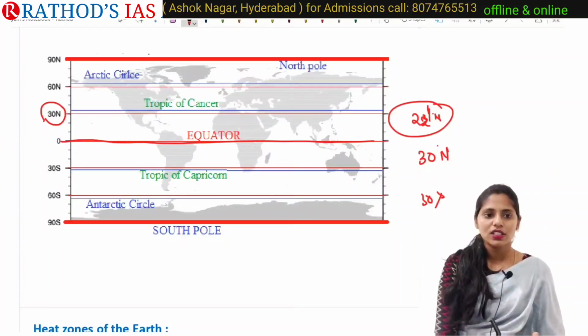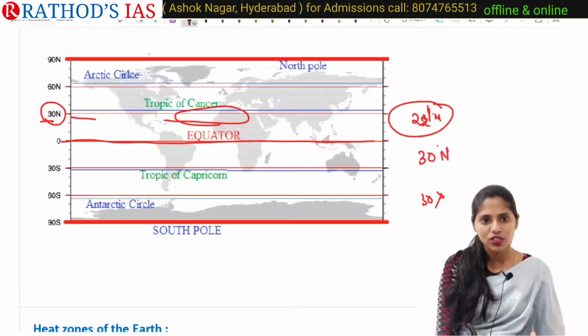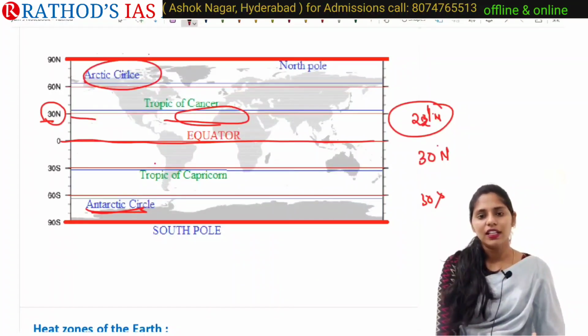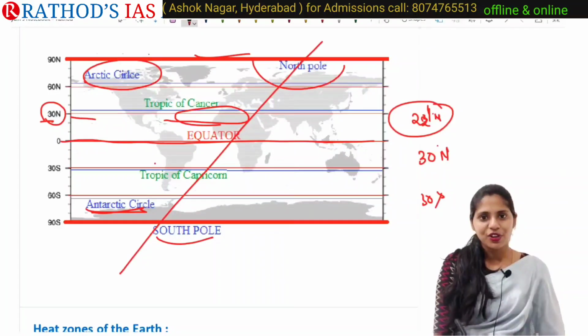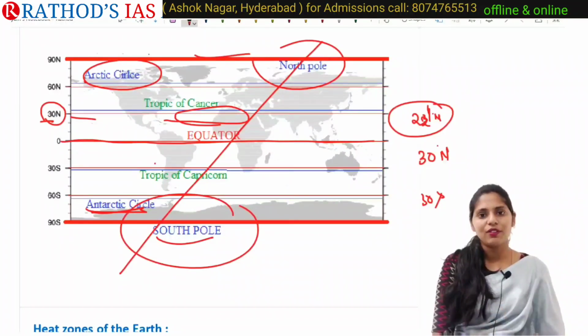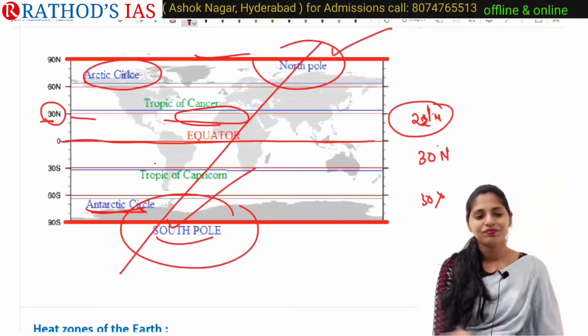Here we can see the Tropic of Cancer, which is just below 30 degrees north, and here the Tropic of Capricorn, which is just above 30 degrees south, and here we have the Antarctic Circle and the Arctic Circle, and the North Pole and South Pole. Here there is a tilted axis, right?